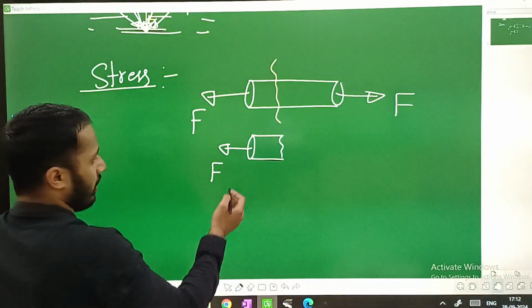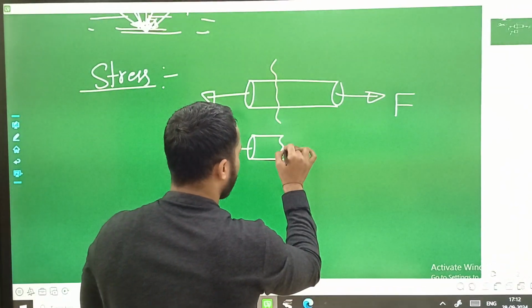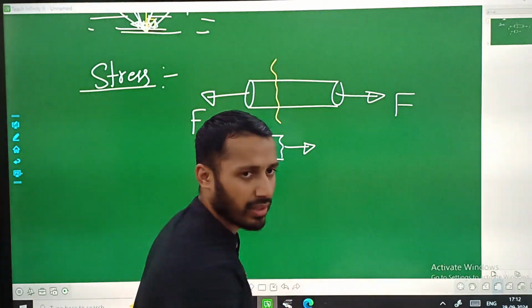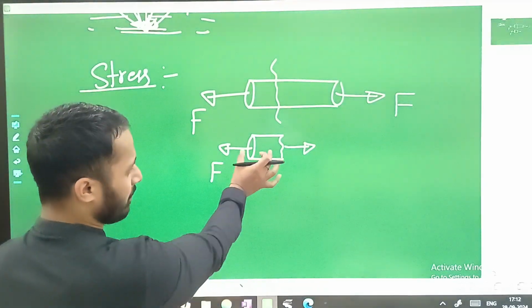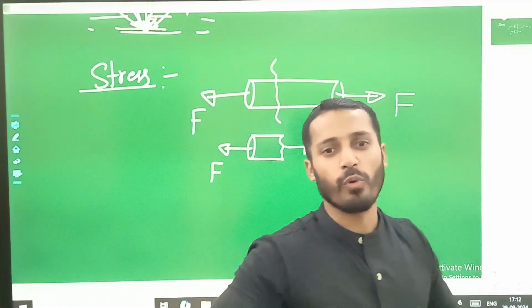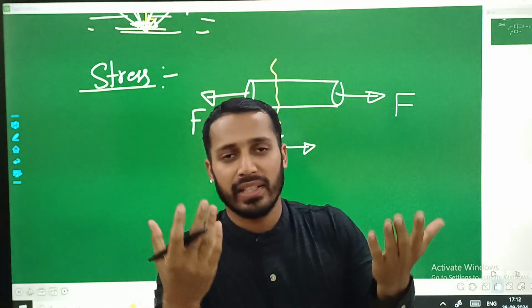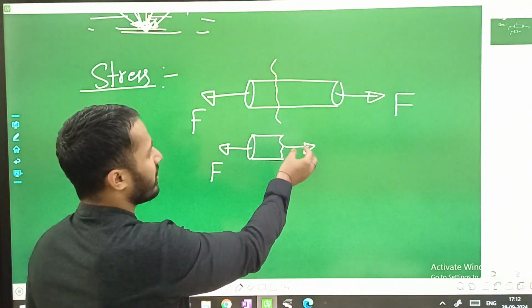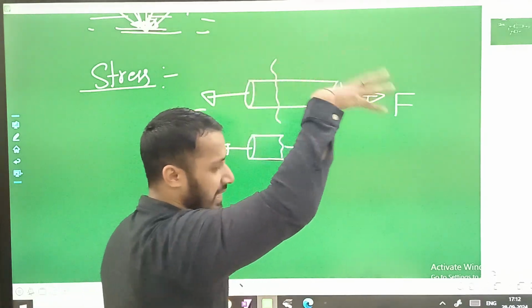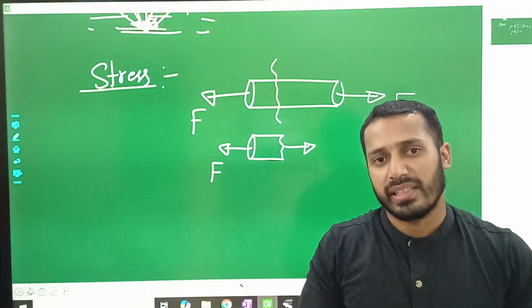So one force should come here, with magnitude equal to this external applied force, to keep this part in equilibrium. But who will generate that required force? This will be generated by the particles inside the rod themselves.